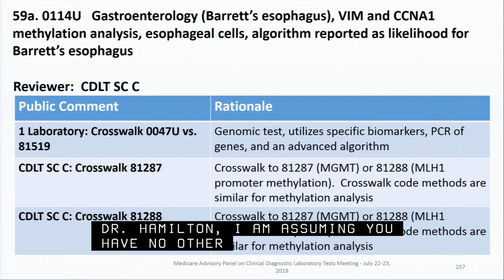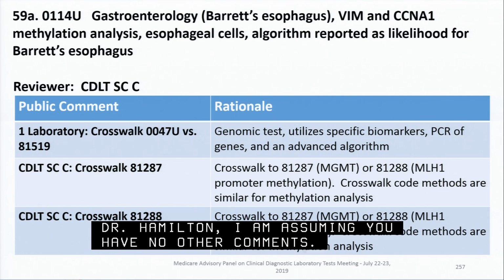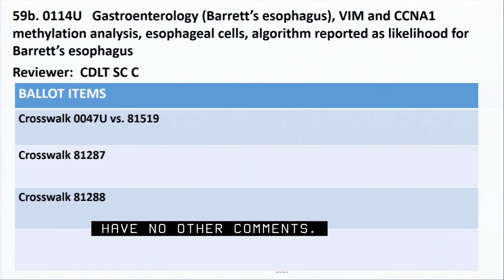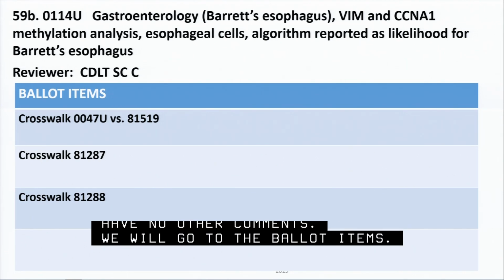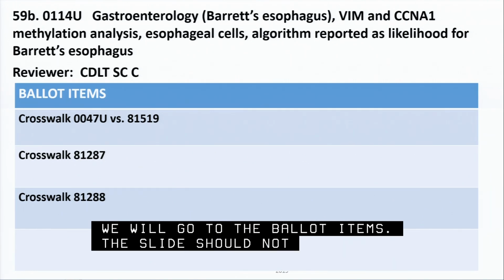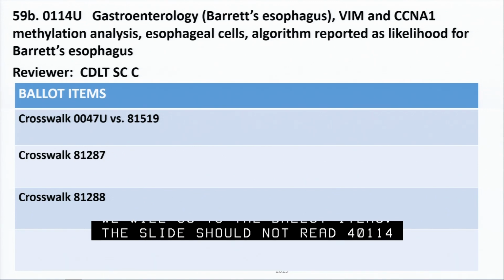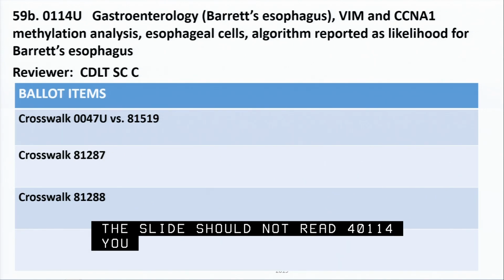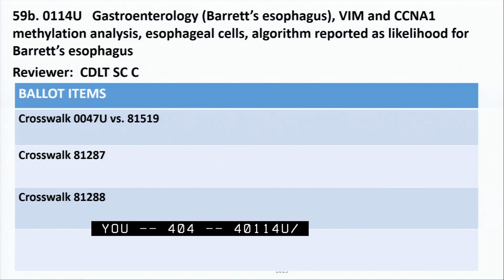All righty. So we're going to go to the ballot items. So the slide should now read 40114U. First crosswalk 81519. Second crosswalk 81287 times 2. Third crosswalk is 81288 times 2. And there should be another option of gap fill.